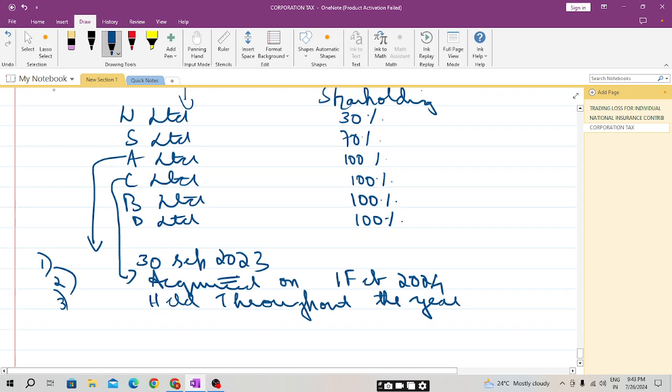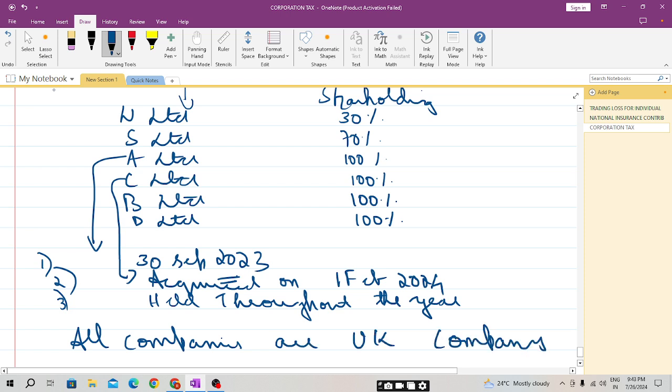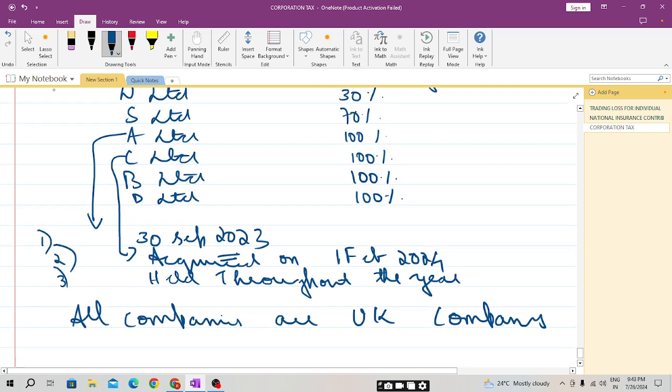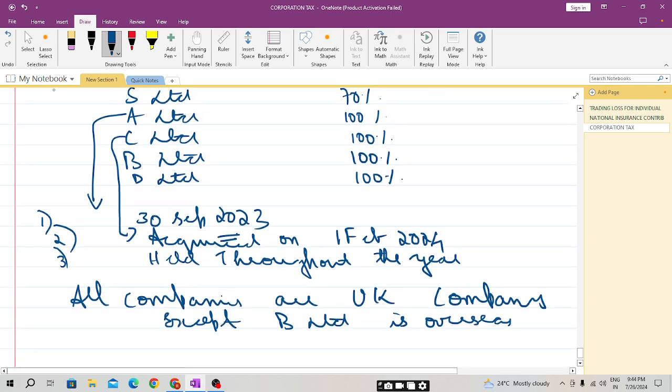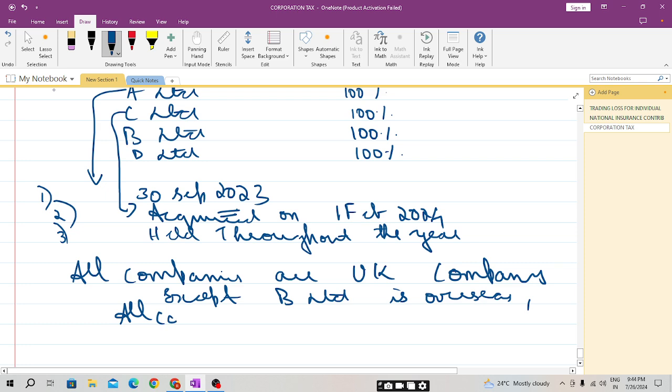Now students, one more note is that all companies are UK companies, except B. B Limited is an overseas company, and all companies are trading companies, but D is a dormant company.